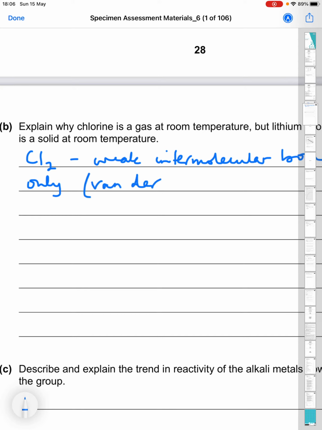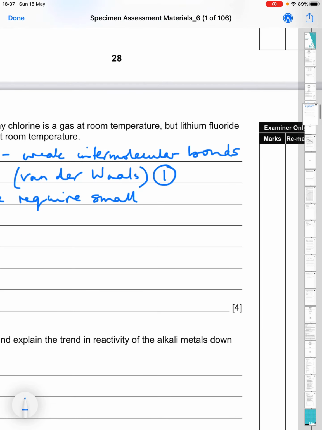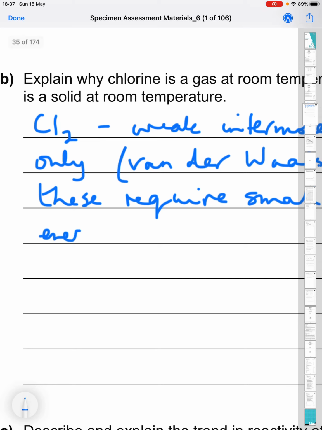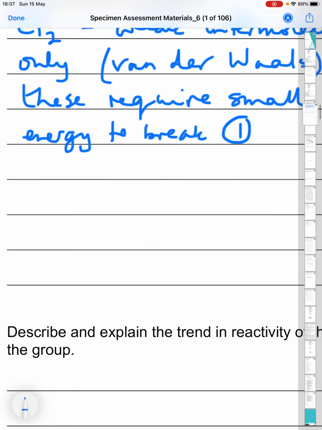And they are van der Waals. So that would get you 1 mark. And the second mark is for saying these require small amounts of energy to break. So that's 2 marks.